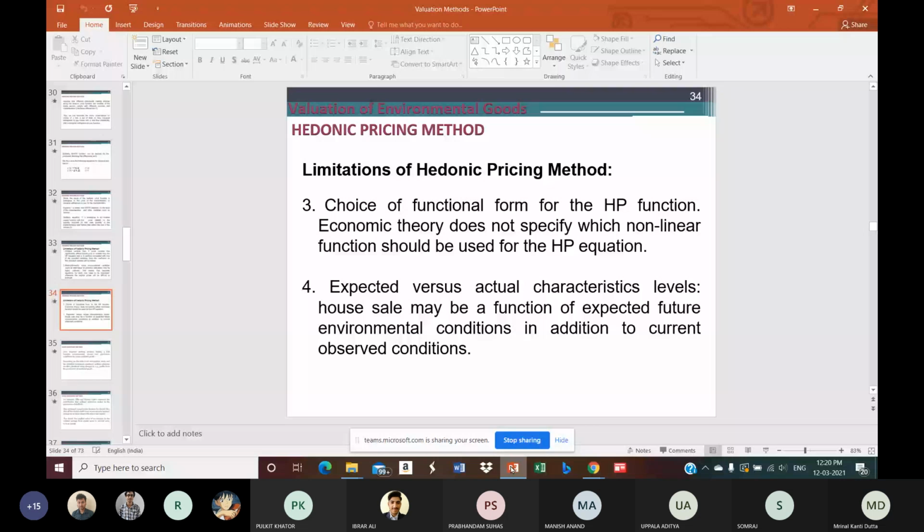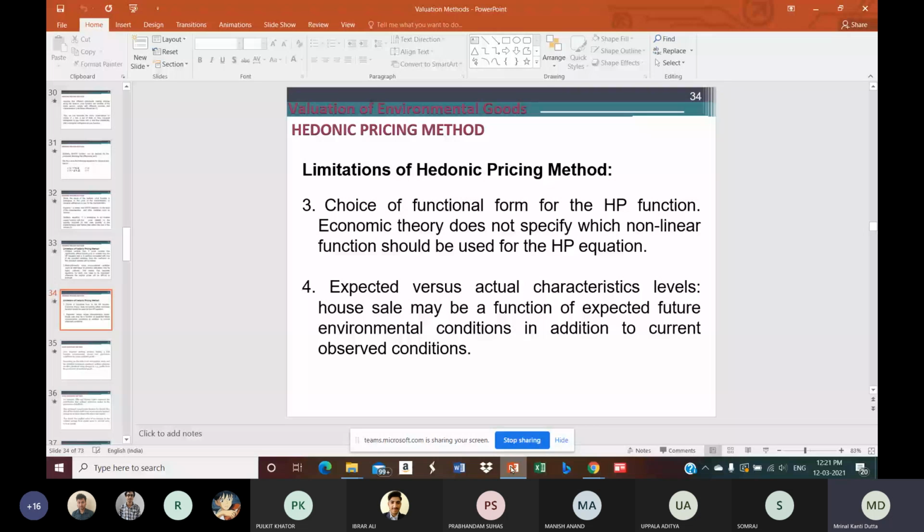But in spite of these issues or limitations of the hedonic pricing method, I would like to reiterate that this method is one way of getting the direct response of the people regarding the quality of environment, or information on the benefits of environmental attributes.